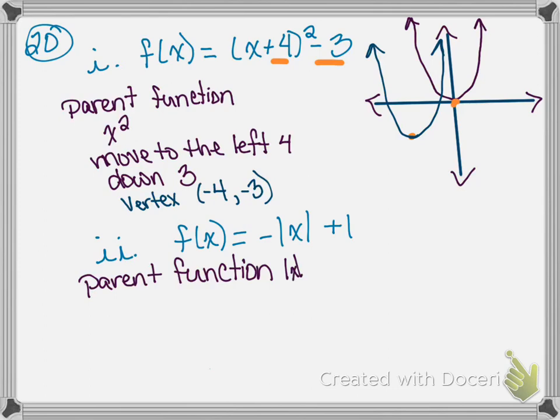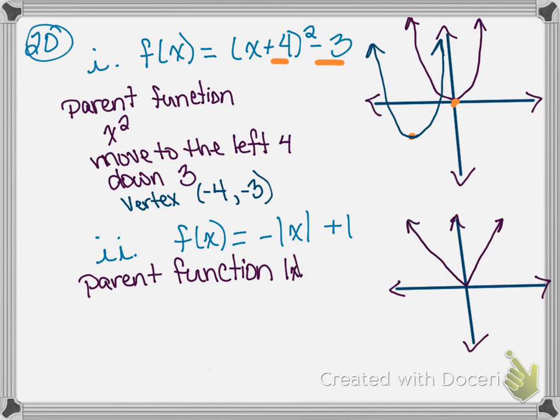Okay, and if we were to draw a graph of what the absolute value of x looks like, and this is just a rough sketch, it looks like a V. A parabola looks like a U. Absolute value looks like a V.